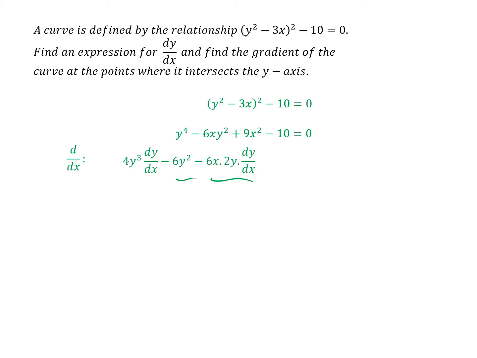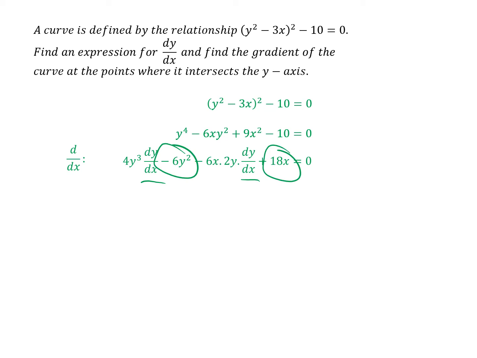Then differentiating the 9x squared is straightforward, and differentiating the minus 10 goes to 0. So I've now got an equation which has got dy/dx in it in two different places, and I've got these two terms which don't have dy/dx in them.